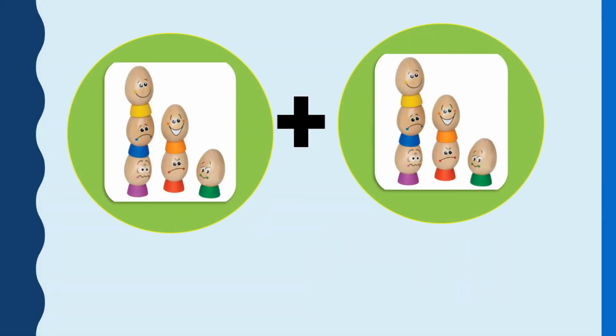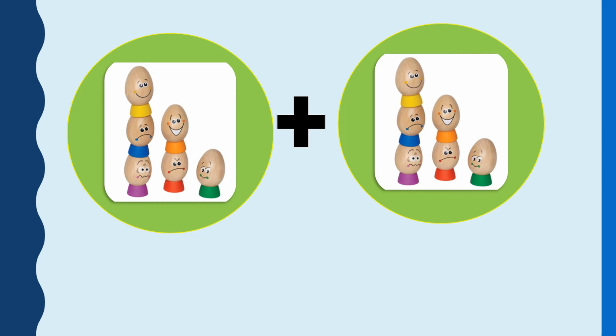Children, we all know that we use multiplication to add some number or item several times. And the result of multiplication is the total number of items. So children, how many eggs can you see in each group? Each group has an equal number of eggs, that is 6.